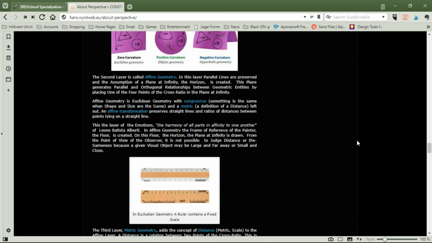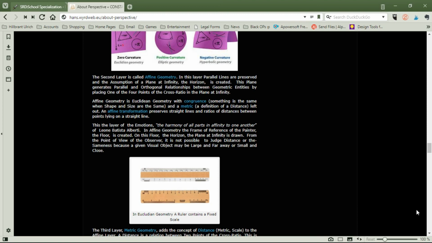Affine geometry is Euclidean geometry with congruence. Something is the same when shape and size are the same. That's congruence, or mirroring. And a metric, a definition of a distance, is left out. So we have congruence, but we have no metric. An affine transformation preserves straight lines and ratios of distances between points lying on a straight line.